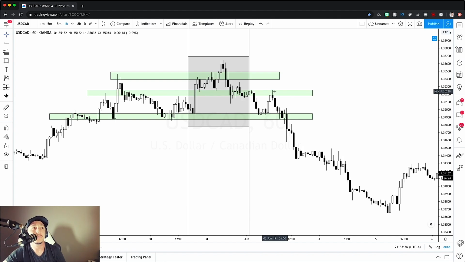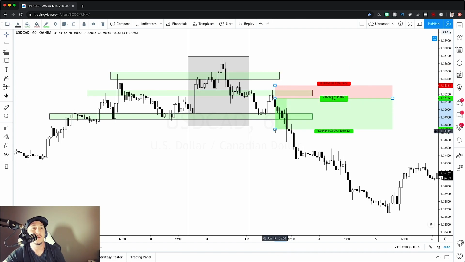All right. So a more aggressive trader, as soon as this one closed, could get in, right? You can get in somewhere around there, stop loss up top, and wherever you want to set your target, that's totally up to you. But, you could get in there.